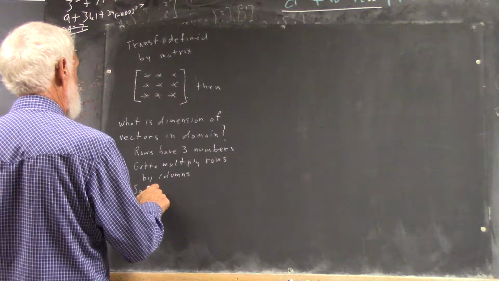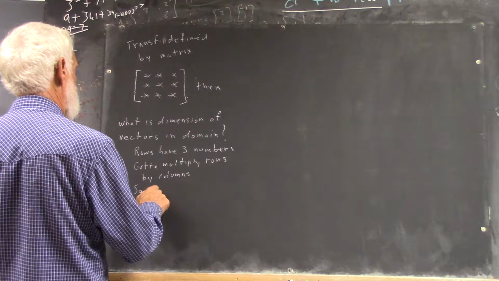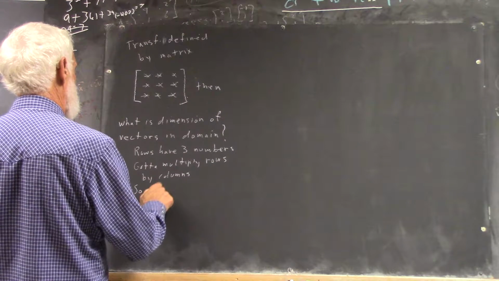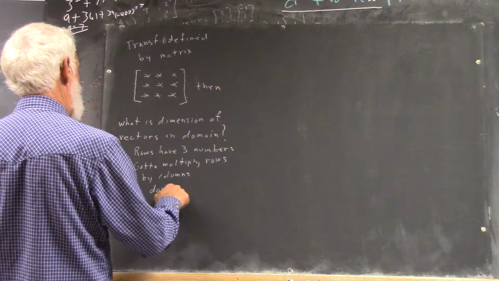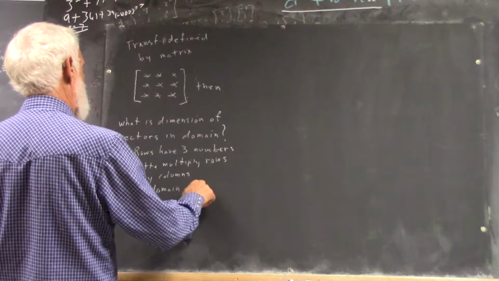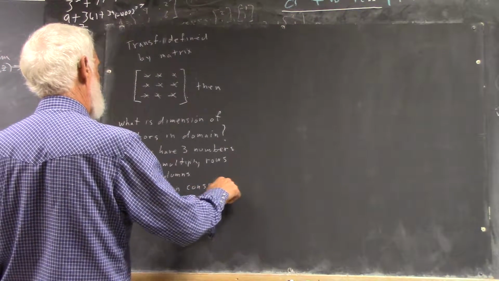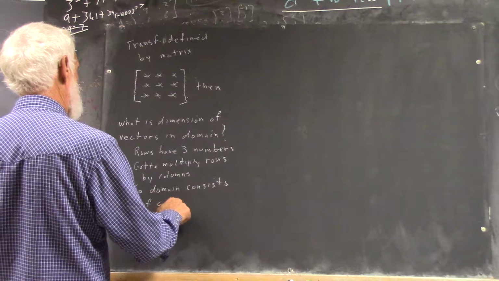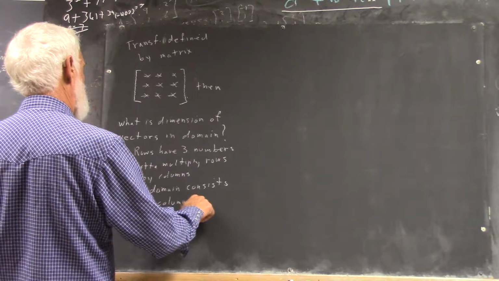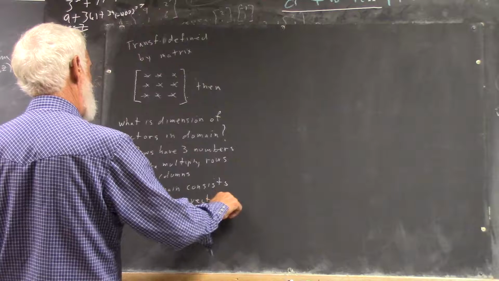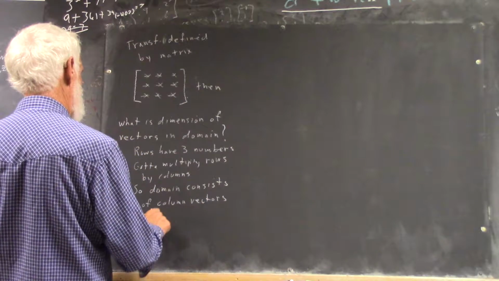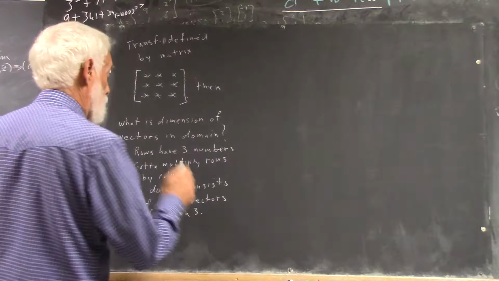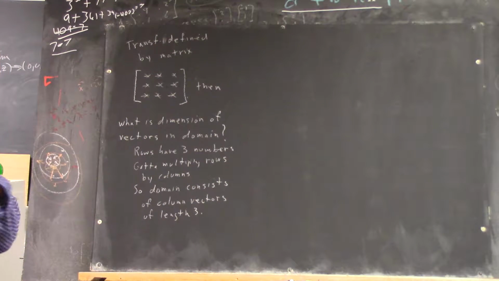So the domain consists of column vectors of length 3. Right?